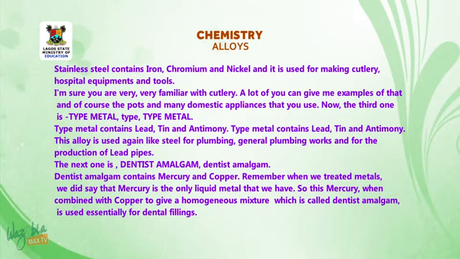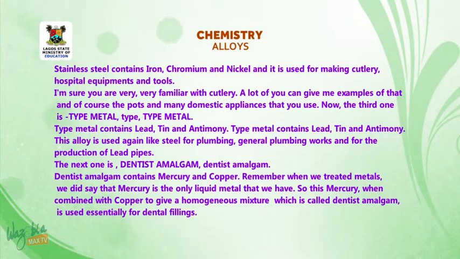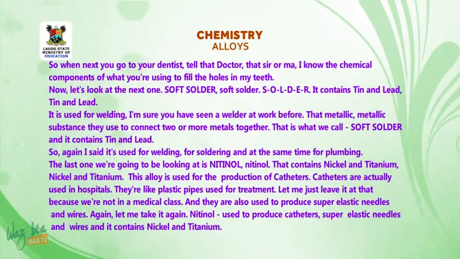So this mercury, when combined with copper to give a homogeneous mixture, which is called dentist amalgam, is used essentially for dental fillings. So when next you go to your dentist, tell that doctor that, sir or ma, I know the chemical components of what you're using to fill the holes in my teeth.